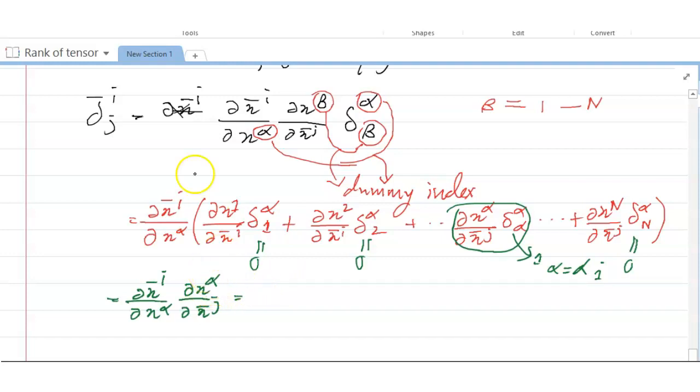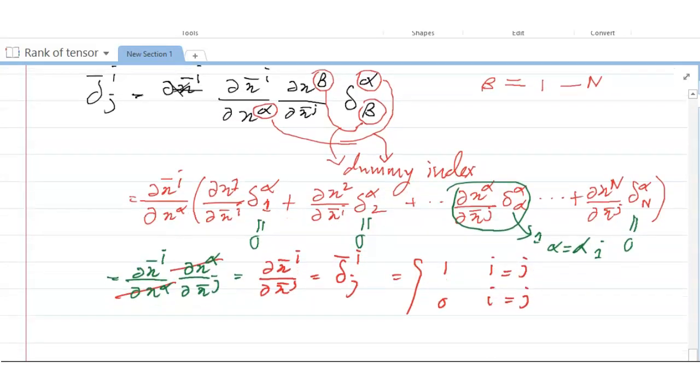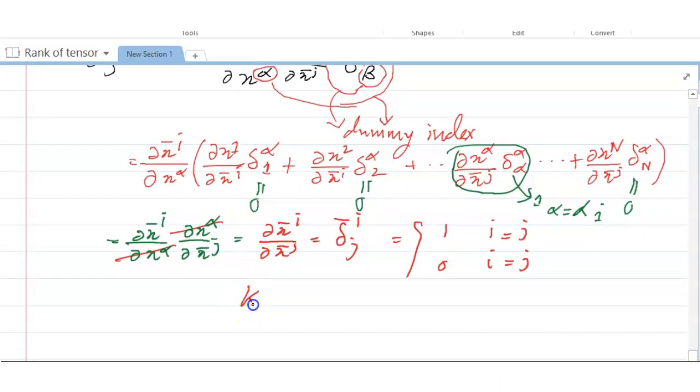Very simple, this portion and this portion cancel. So the value will be del x bar i divided by del x bar j, and it can be written as del bar ij, which is 1 if i equals j and 0 if i does not equal j. So this proves that the Kronecker delta is invariant.